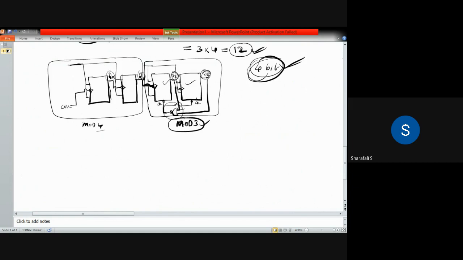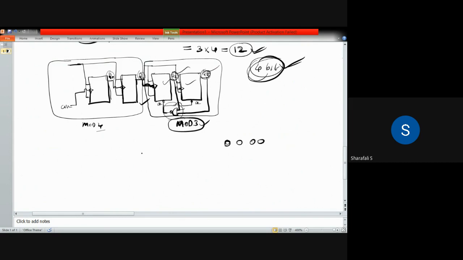It is very easy to understand. Once it reaches this 12th state, it will be cleared. It will clear all these Q2 and Q3 values, so Q2, Q3 will become 0, 0. At the same time, what will be the values of Q1 and Q0?